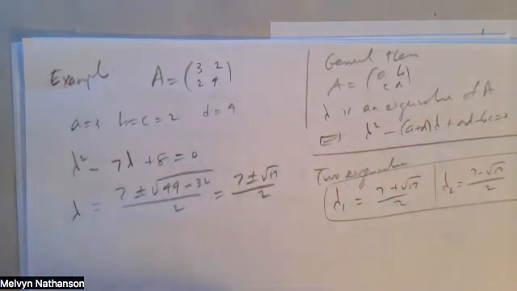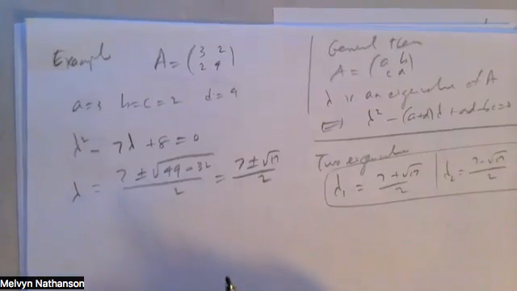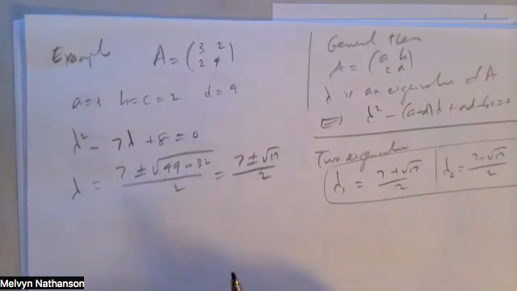So for each of these eigenvalues, we want to find an eigenvector. And from those eigenvectors, we want to obtain an orthonormal basis. A basis where each eigenvector in the basis has length 1, and the two eigenvectors are orthogonal.